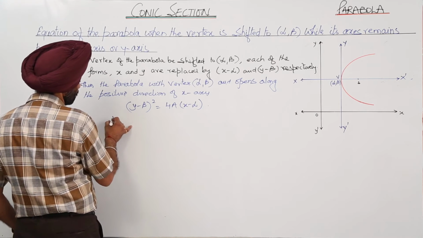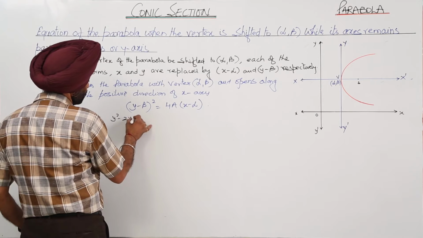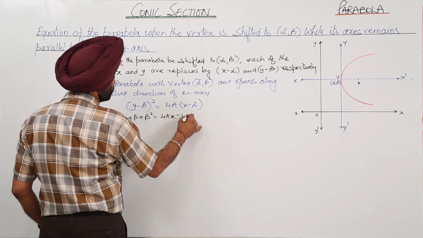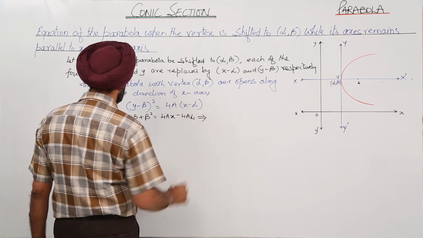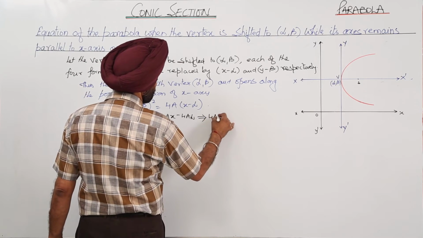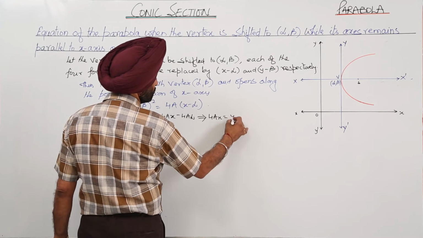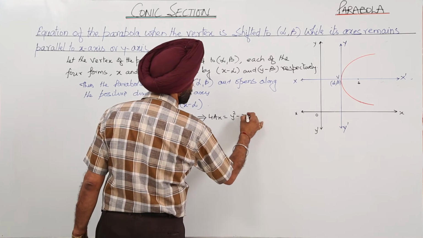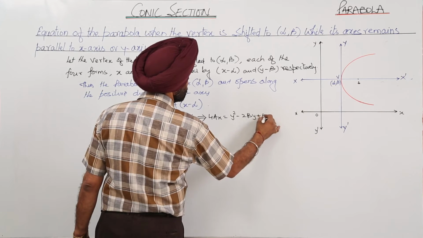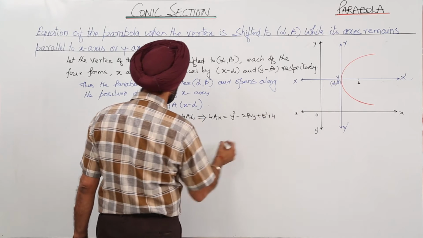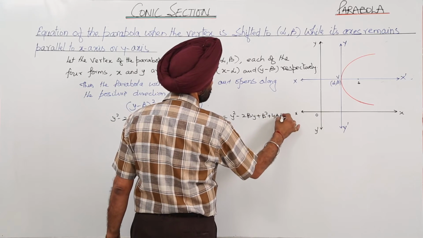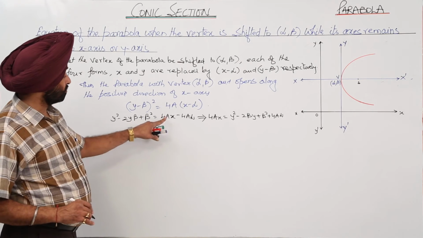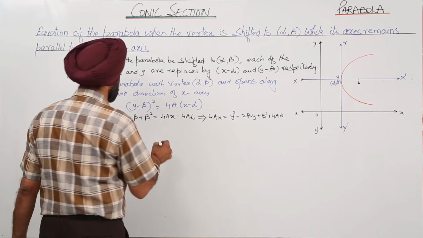What we are having? y square minus 2y beta plus beta square is equal to 4ax minus 4a alpha, and the whole equation we can write as 4ax is equal to y square minus 2 beta y plus beta square plus, this shifts to this side, plus 4a alpha.